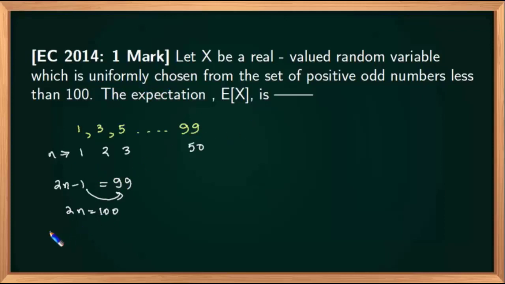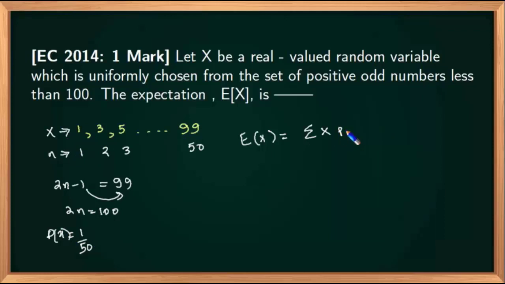So if I write the probabilities corresponding to these, all of them will have a probability of 1 by 50, right? Now I need to find the expected value of x, which is nothing but the mean of all these numbers. So the expected value of x is the sum of x into p of x, and p of x is common for all these numbers.